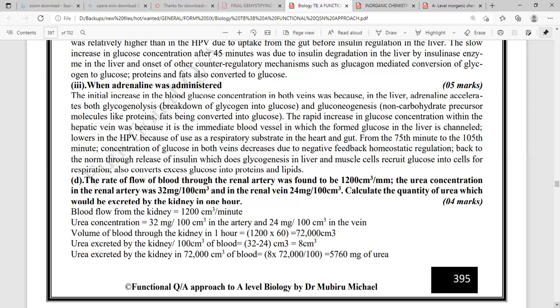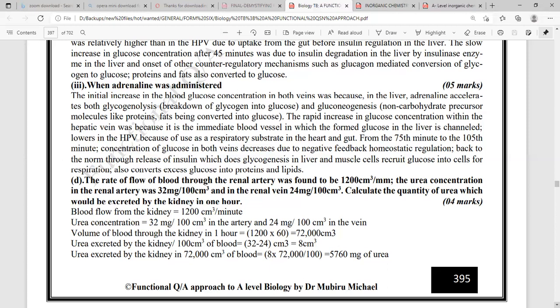Urea excreted by the kidney per 100 centimeters cubed of blood is 32 minus 24. The one in the artery and the one in the vein. That means the one that is excreted is the one that doesn't go to the vein. That is 8.